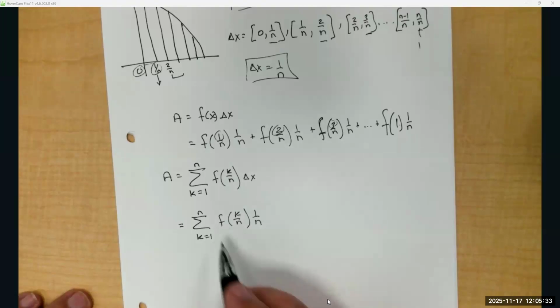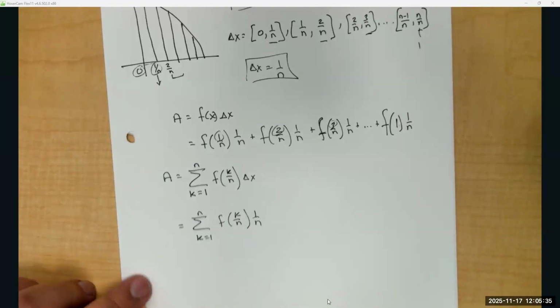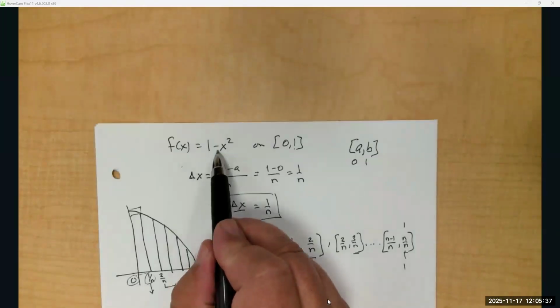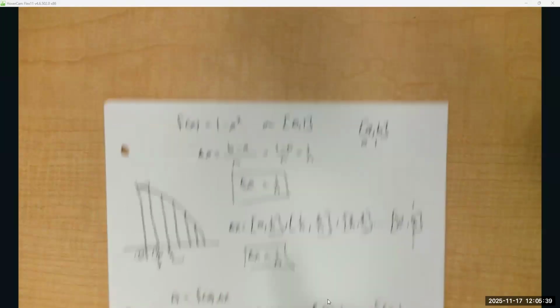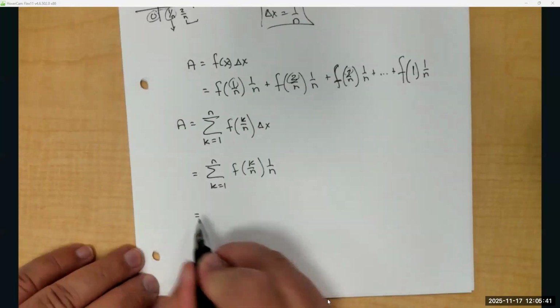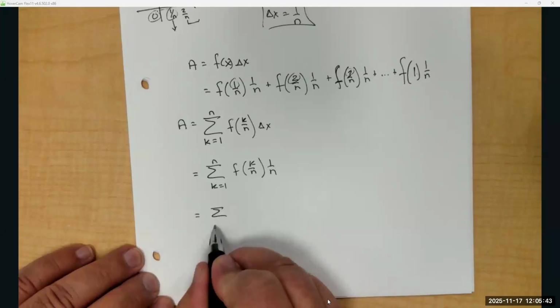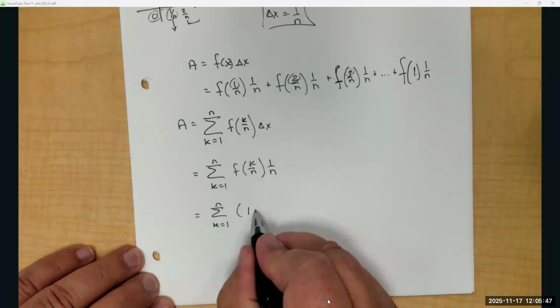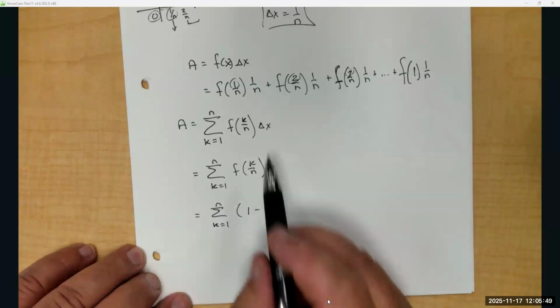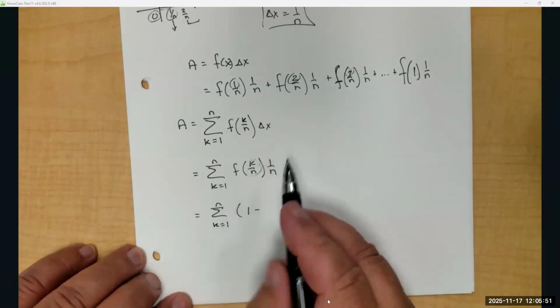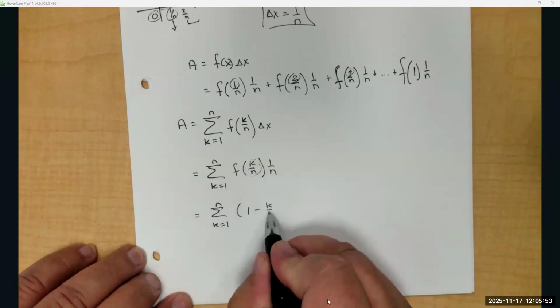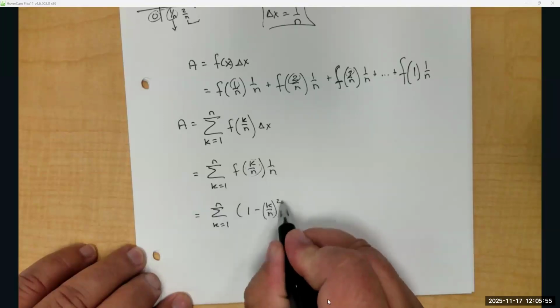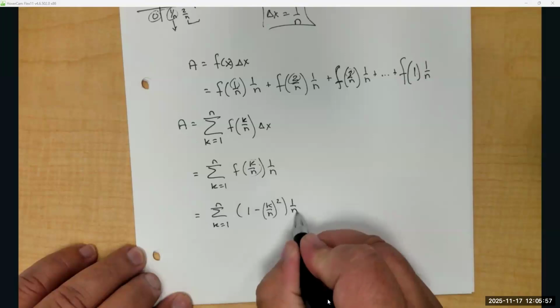What is f of x? Remember, f of x was our function 1 minus x squared. So our summation is 1 minus x squared, and x is whatever's inside the parentheses. So it's k over n squared times 1 over n.